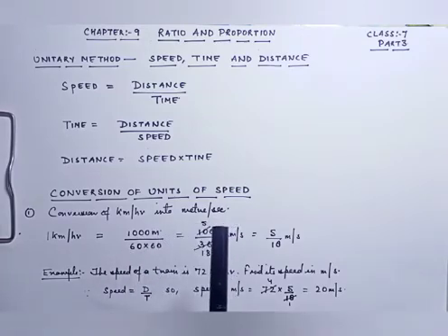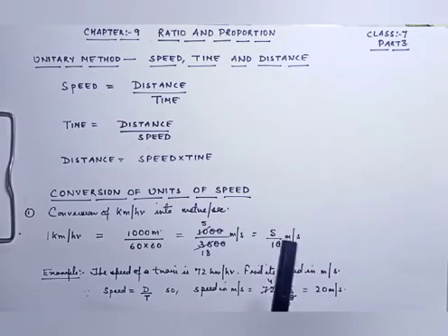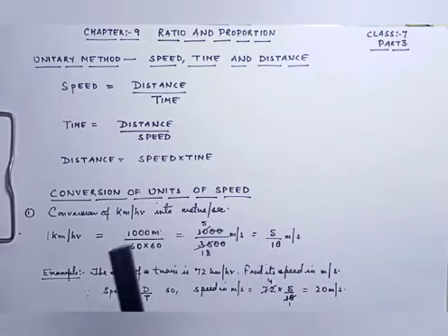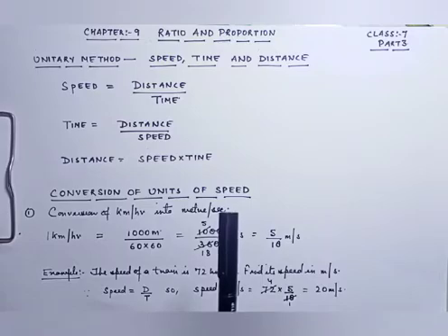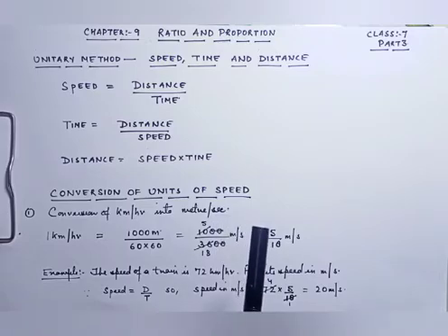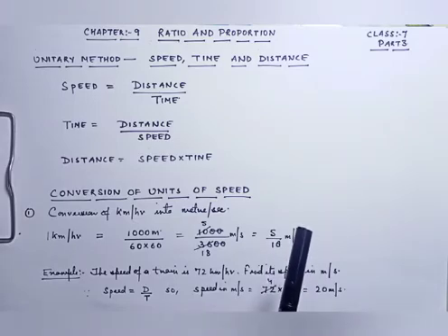So when we simplify 1000 upon 3600 meter per second, we get 5 upon 18 meter per second. So if the speed is given to you in kilometer per hour and you have to convert it into meter per second, you are going to multiply that value by 5 upon 18 to get the answer in meter per second.